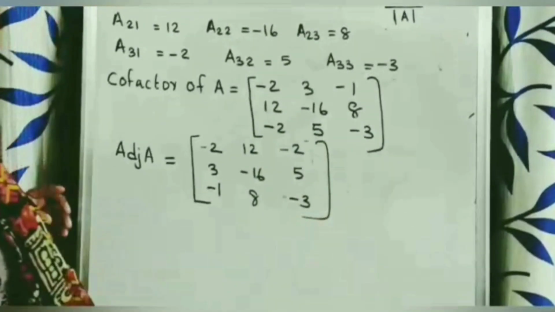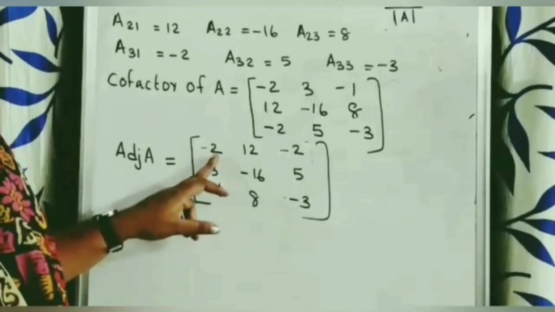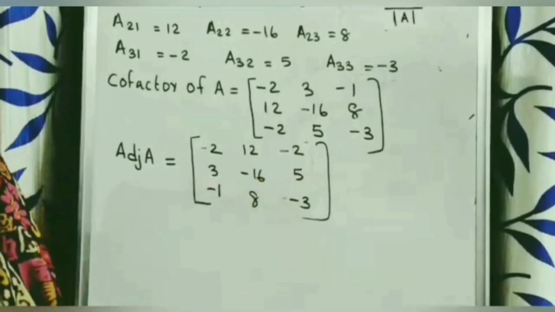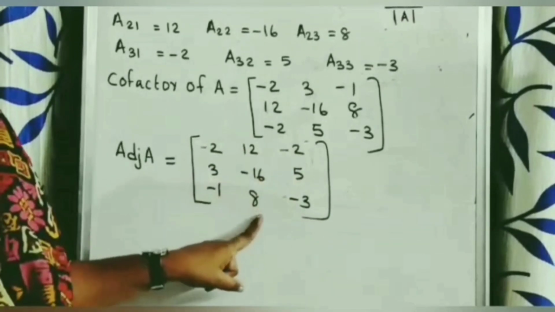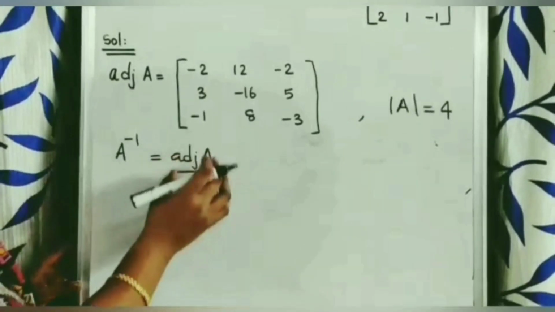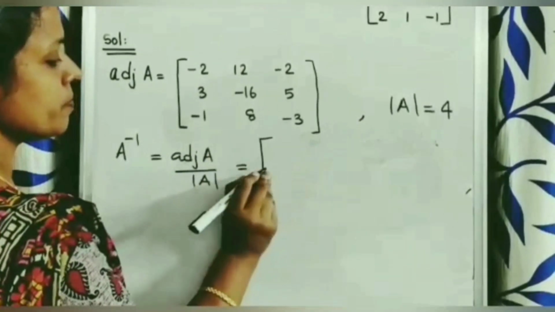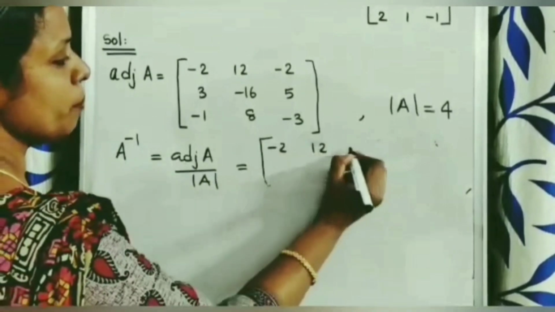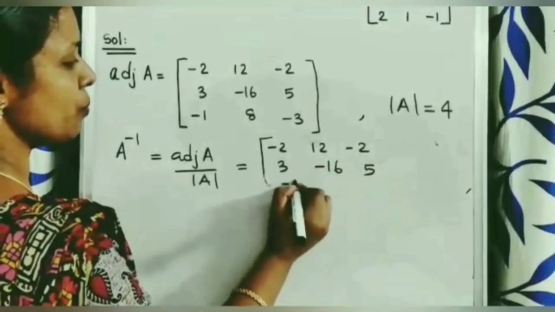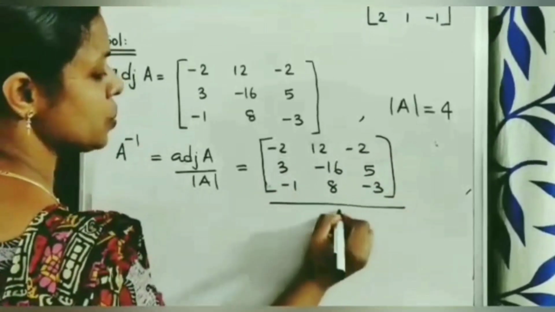Now we get adj A, that means adjoint of A, is equal to matrix. First row is negative 2, 12, negative 2. Second row is 3, negative 16, 5. Third row is negative 1, 8, negative 3. Clear? Then A inverse is equal to adj A divided by determinant A. Here adj A is matrix minus 2, 12, minus 2, 3, minus 16, 5, negative 1, 8, negative 3, divided by determinant A, which is 4.